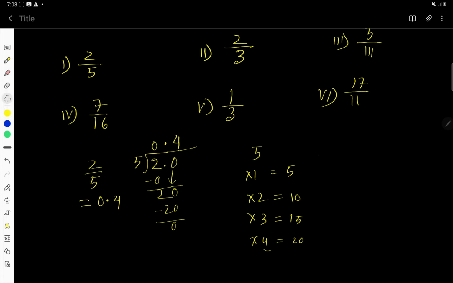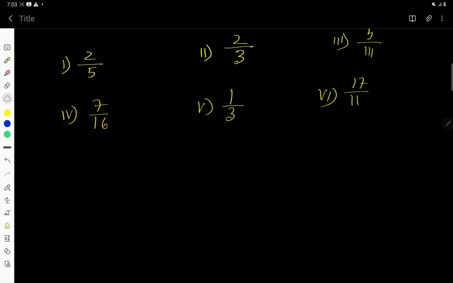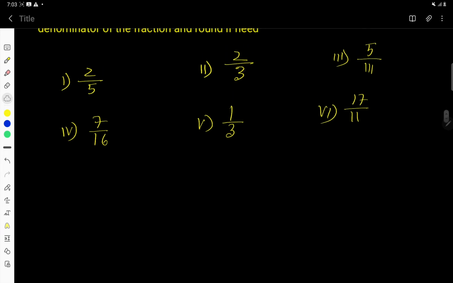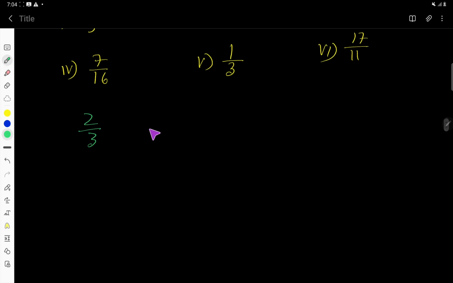Okay, now let us take another example. How to convert this fraction, 2 over 3, to a decimal? So we have to divide the numerator 2 by the denominator 3. 3 goes into 2 how many times?